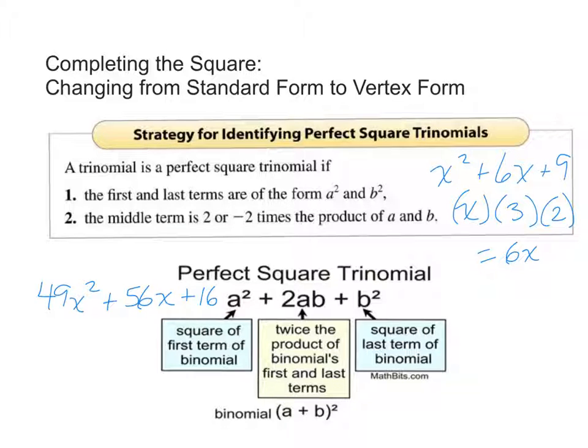But if you know that it's a perfect square trinomial, then all you have to do is the square root of the first term, which is going to be 7x, the sign from the second term, it's positive, and the square root of the last term. So 4, and then squared. It's a shortcut for factoring when you recognize something as a perfect square.